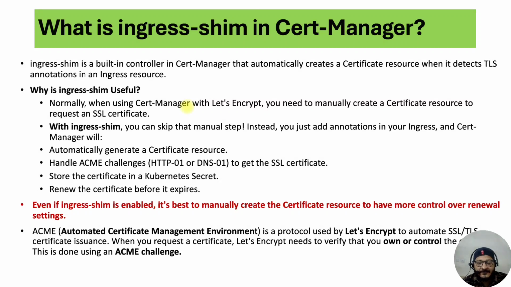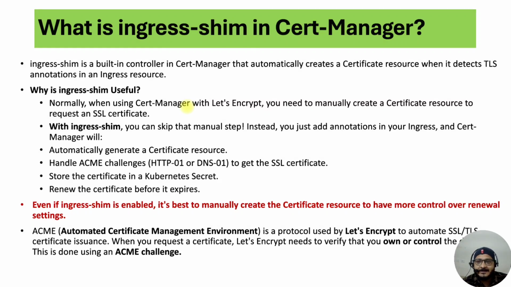If it is not enabled, then you have to manually create a certificate resource. If it is enabled by default in the cert-manager on your AKS cluster, then you should not create a certificate resource separately.